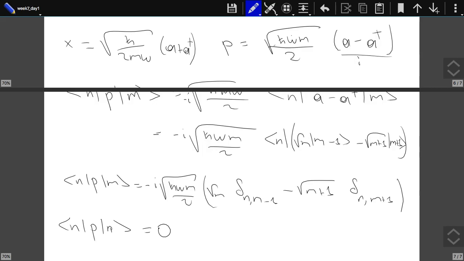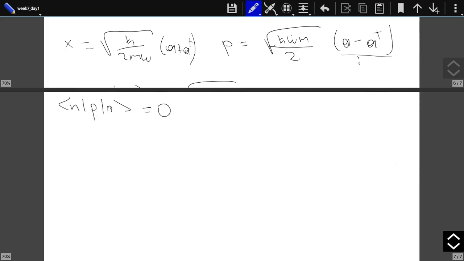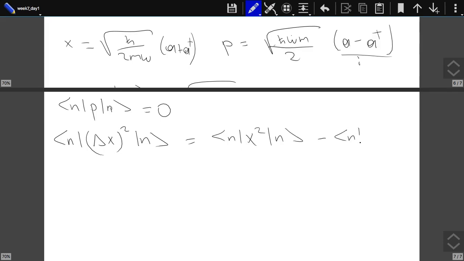Now let us look at the energy uncertainty relation. To calculate it, we first need to determine ⟨n|Δx²|n⟩ in an energy eigenket, but we had already shown that this is ⟨n|x²|n⟩ − ⟨n|x|n⟩². Well, this is already 0, so we only have to calculate the expectation value of x².